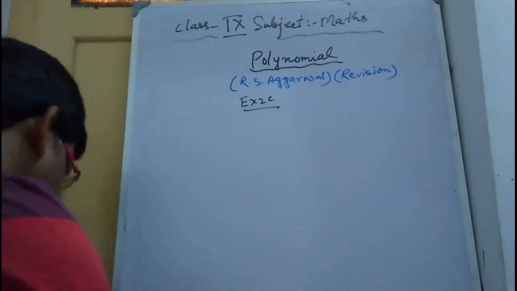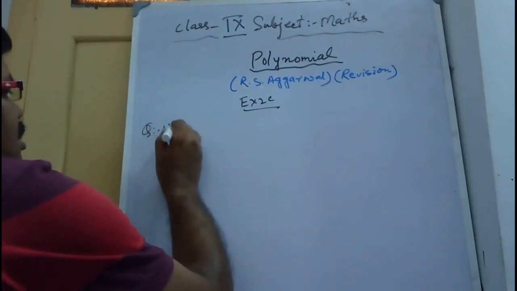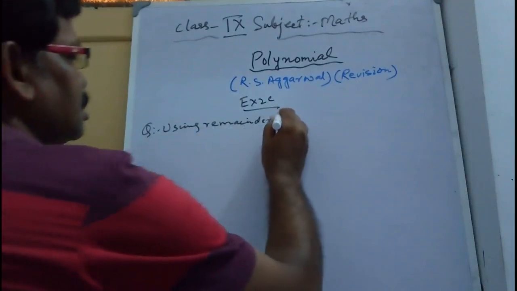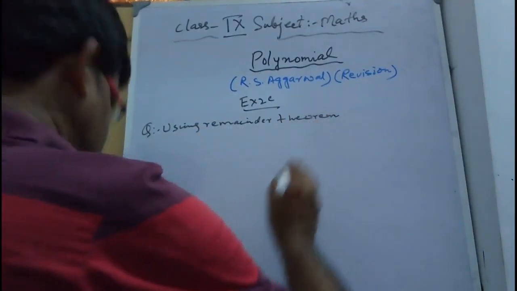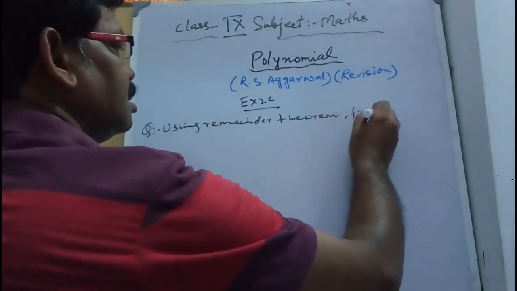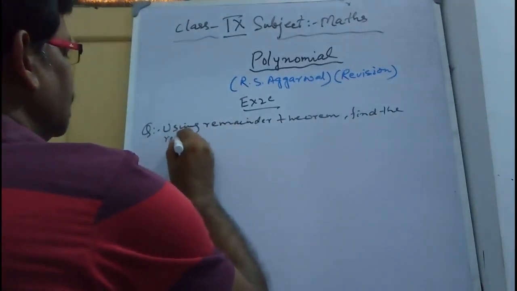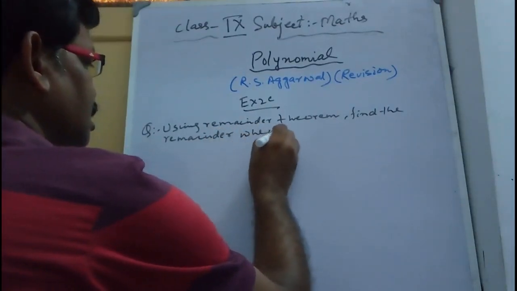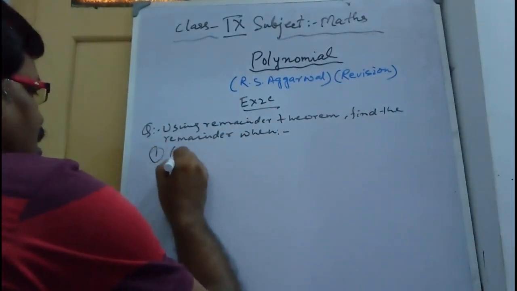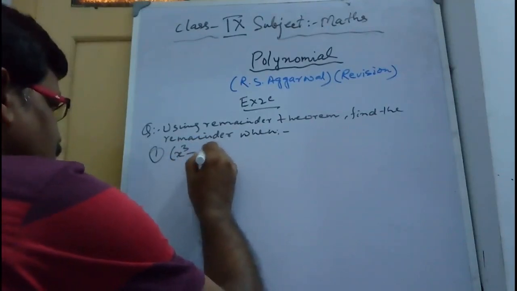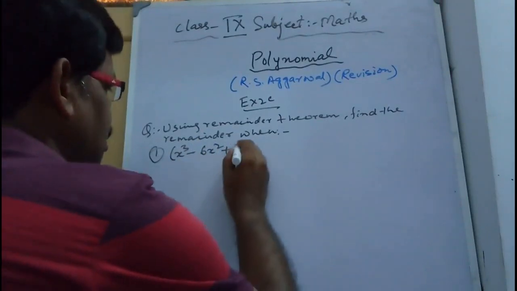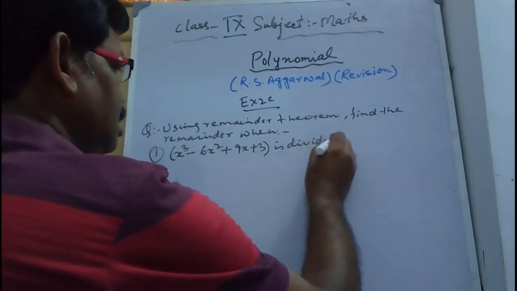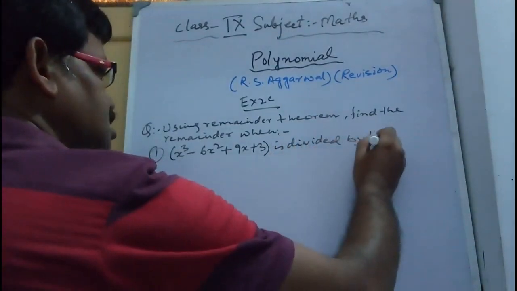Exercise 2C. Question: using remainder theorem, find the remainder when x cube minus 6x square plus 9x plus 3 is divided by x minus 1.